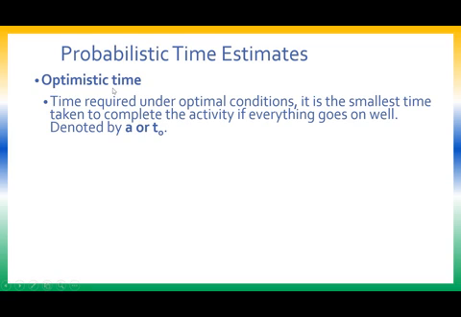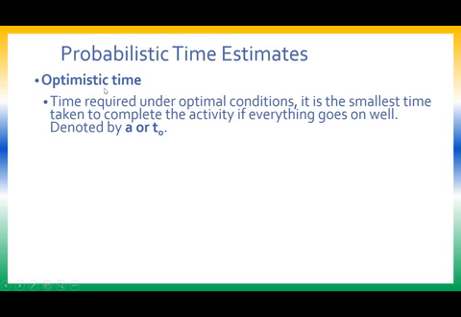First one being optimistic time. This is the time required under optimal conditions. That is, it is the smallest time taken to complete the activity if everything goes well. See, everything happens correctly and you are able to finish the activity quite early, quite fast.